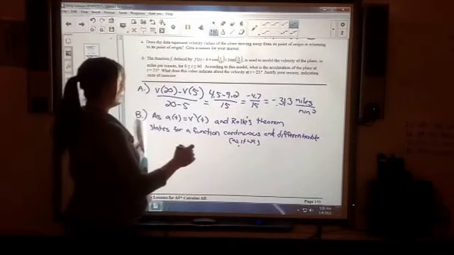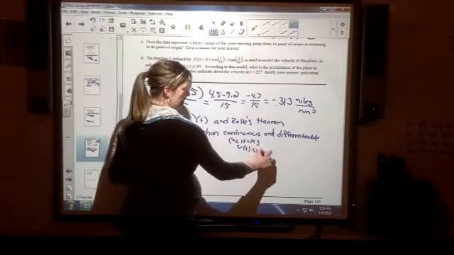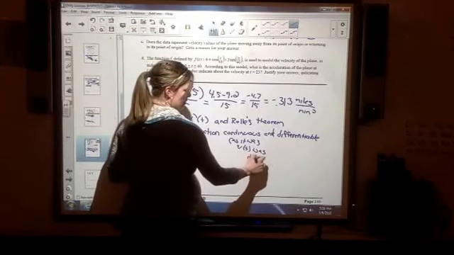This function v of t was differentiable, or is, doesn't matter.